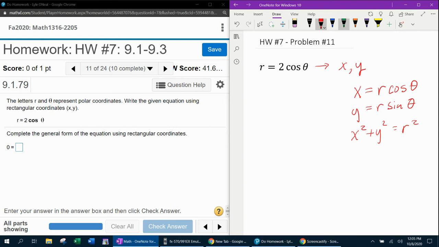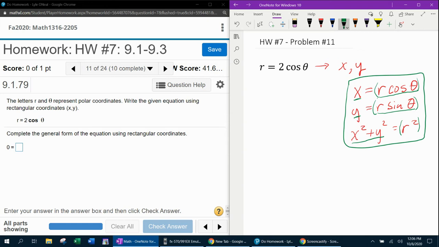So let's put a box around those because those are very important. You definitely need to know those. And what that tells us is, if I see r cosine theta, all of that, I can replace it with an x. Or if I see r sine theta, all of that, I can replace it with a y. Or if I see an r squared, I can replace it with x squared plus y squared.